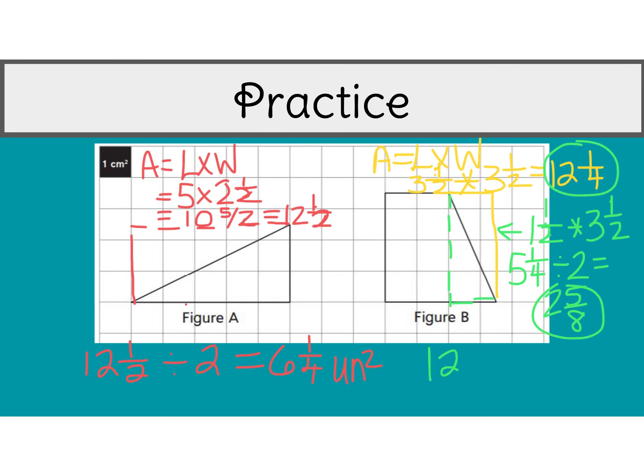So 12 and 1/4 minus 2 and 5/8. We don't have the same denominator, so don't forget we're going to have to do some converting there. The 1/4 will have to be changed to 8ths. But once you do all of that, your final answer will be 9 and 5/8 centimeters squared if we chose to use centimeters.